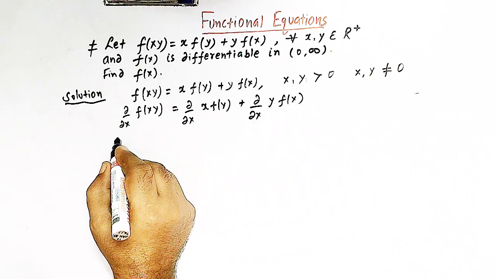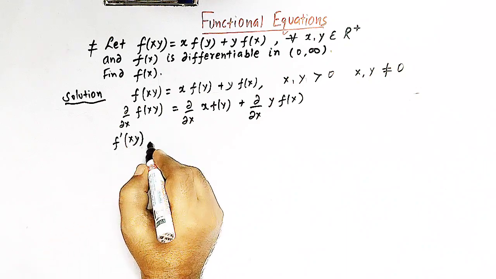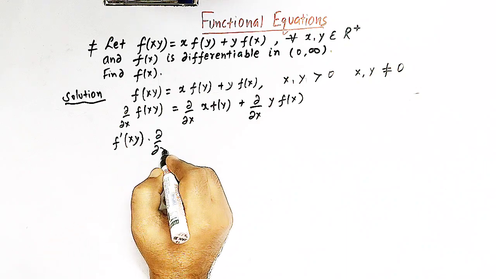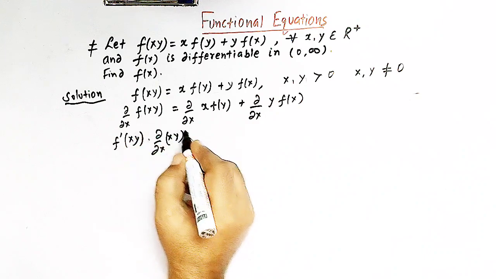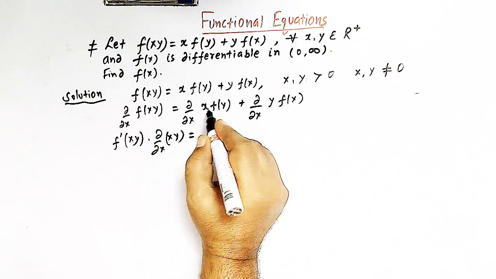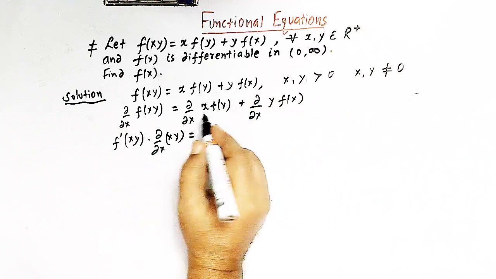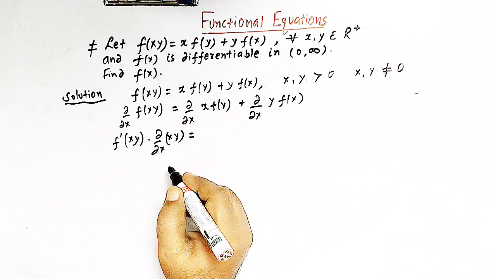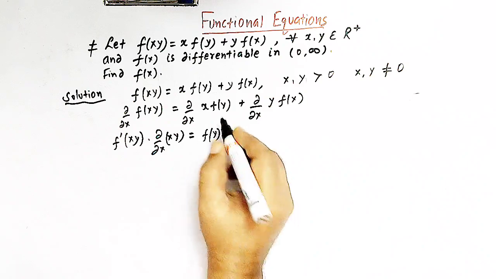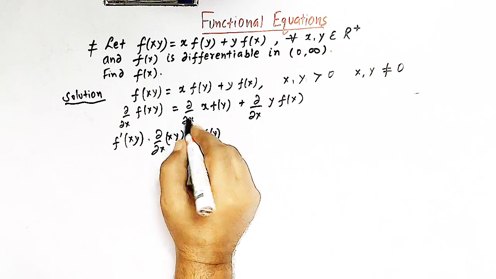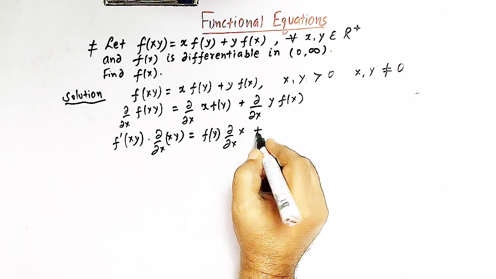Now here we have f'(xy), and by chain rule we have to differentiate this product xy. When we are differentiating partially with respect to x, y is treated as constant. So we have simply f(y) outside this operator, and we have ∂/∂x of x.